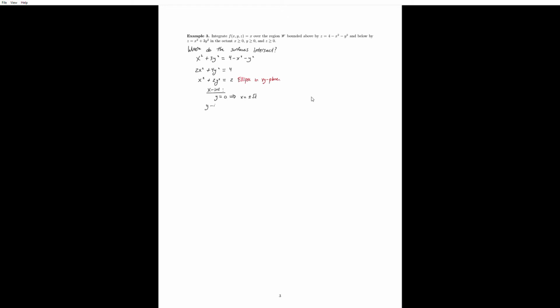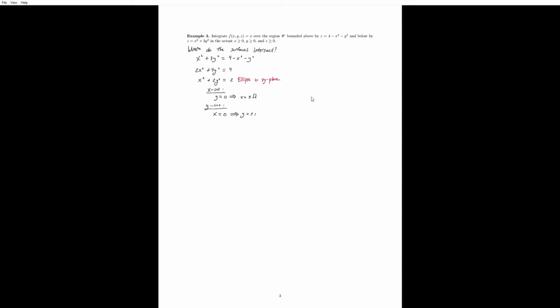And for our y-intercepts, we'll find those by setting x equal to 0. In a similar fashion, this term is gone, so then we have something that is divisible by 2. Divide each side by 2. So then we'd have y squared equals 1, which would give us y equals plus or minus 1.